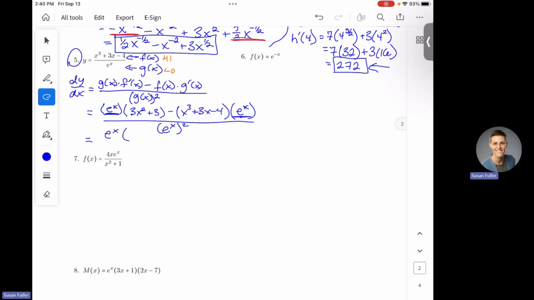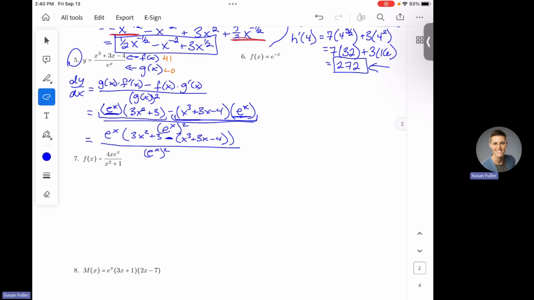So if I take an e to the x out of everything on top, when I take it out of this first part, I'm going to get 3x squared plus 3. And I'm going to subtract from that what I get when I take an e to the x out of the second part, which is going to be x to the third plus 3x minus 4. And I'm going to have e to the x squared on the bottom.